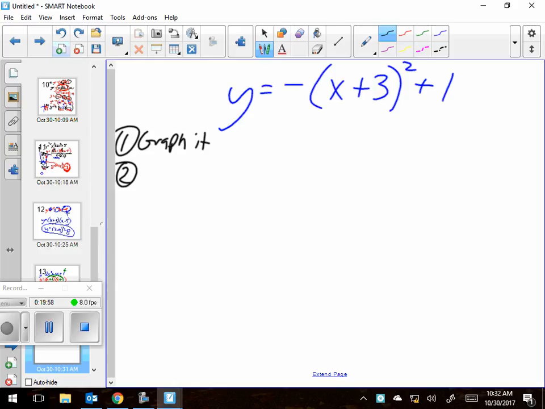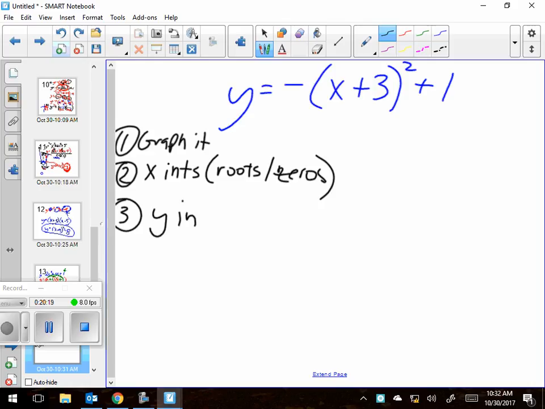All right. And number 2, I want you to tell me the x-intercepts, also known as roots, zeros. They're all the same thing. Number 3, you should be able to tell me the y-intercept. Where does it touch the y? And if nothing else, you should know that little saying, the y-intercept is where what?